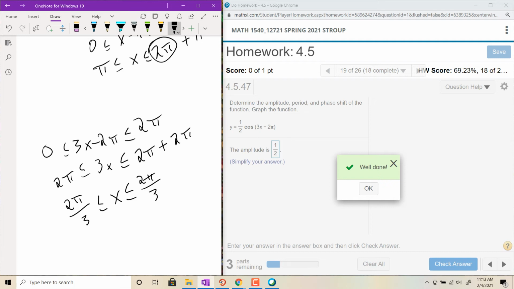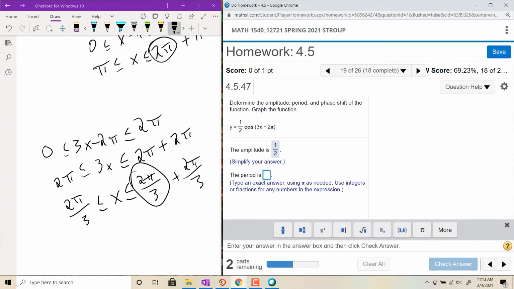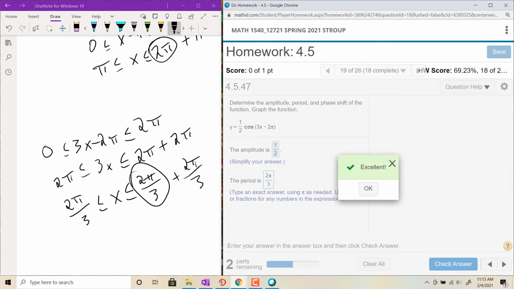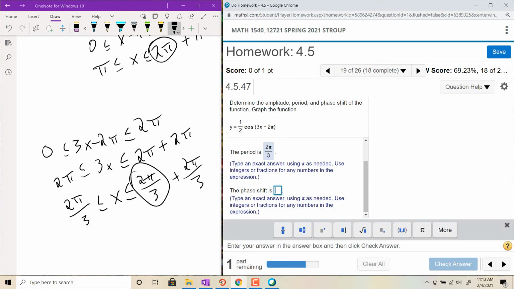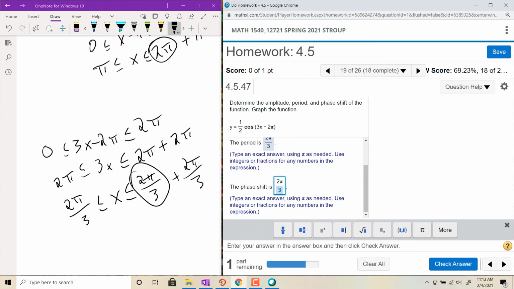Period is 2 pi over 3. Just dividing everything by 3. Phase shift 2 pi over 3 as well.